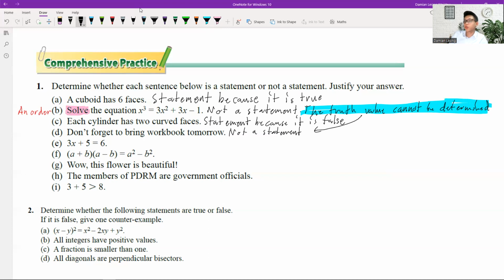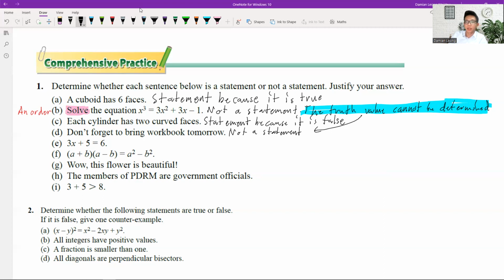This one, 3x plus 5 equals 6. Can I say it's true? Can I say it's false? I cannot. I don't know whether it's true or false because when I have an unknown like this, x can be any number.